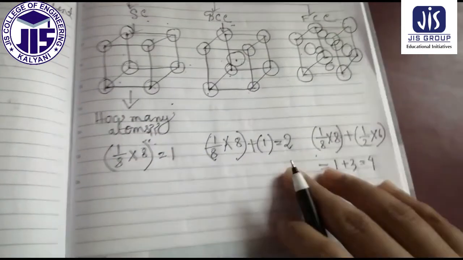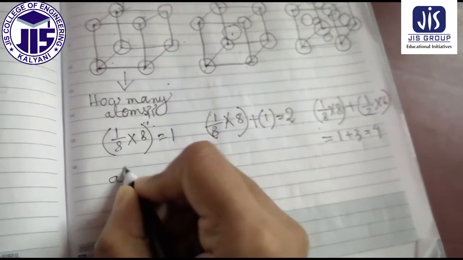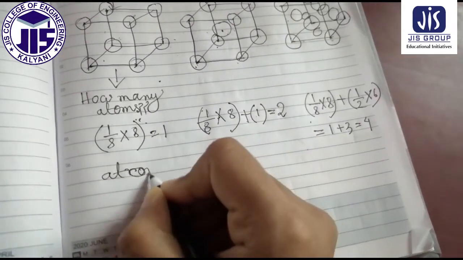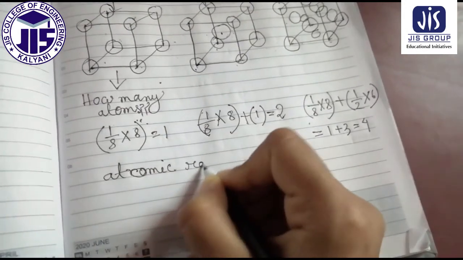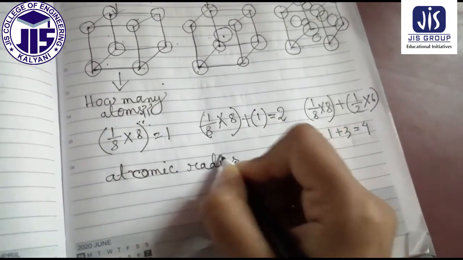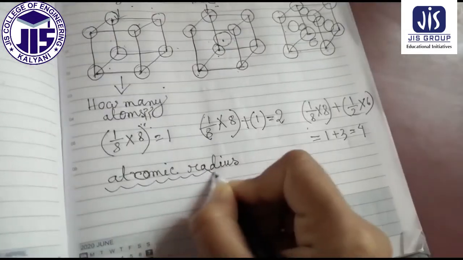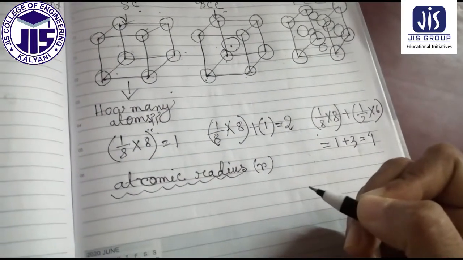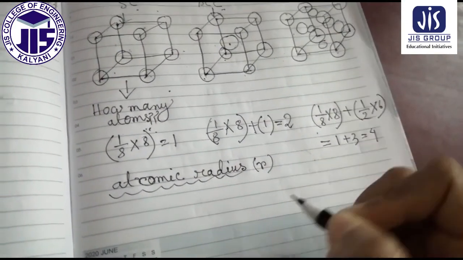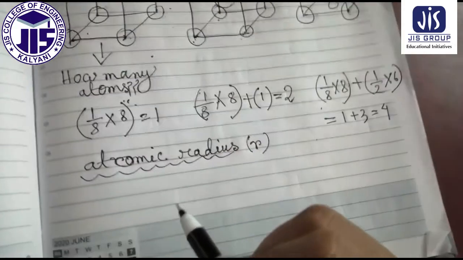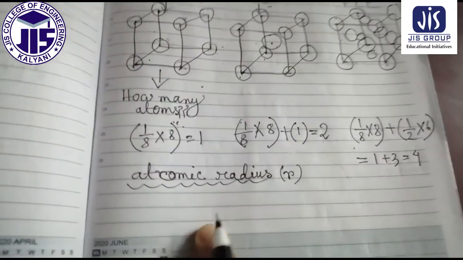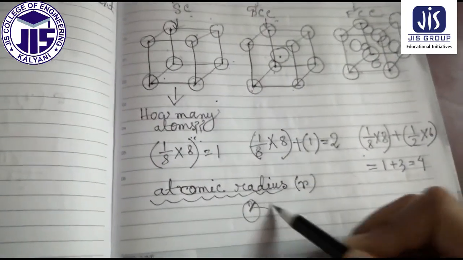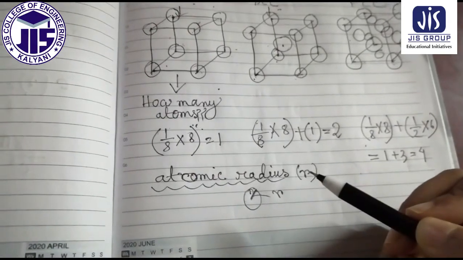Now our next topic is atomic radius. If there is an atom like this, then this is the R, which is the atomic radius.